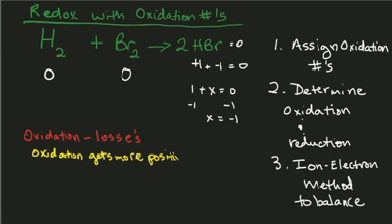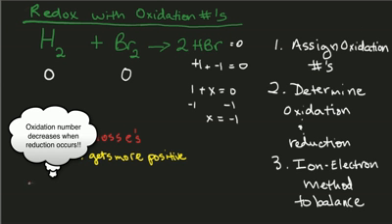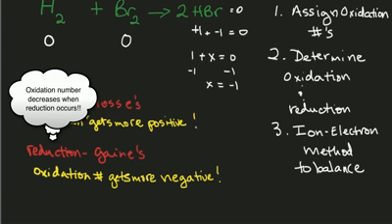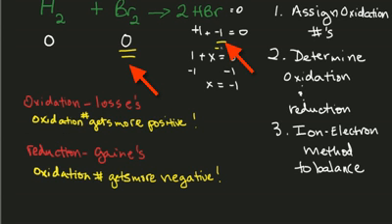And then the one that's getting more negative, you guessed it, undergoes reduction. So it's getting more negative because we're gaining electrons. So here, bromine's undergoing reduction. It's going from a 0 to a -1. And hydrogen is undergoing oxidation, giving up 1 electron to get to that +1.